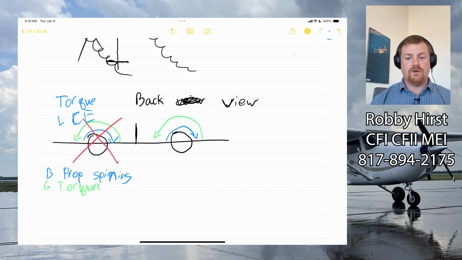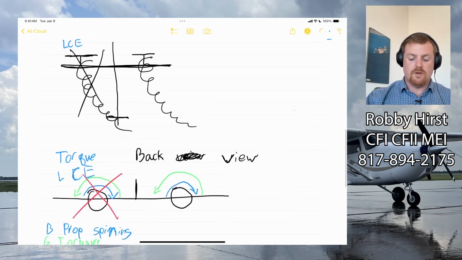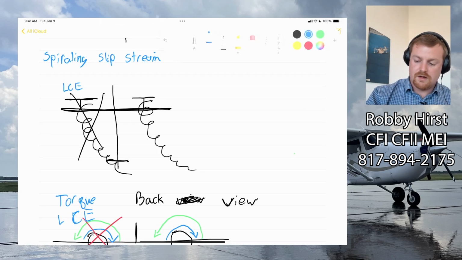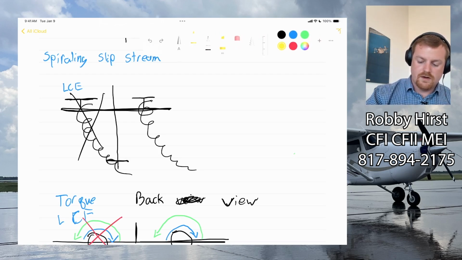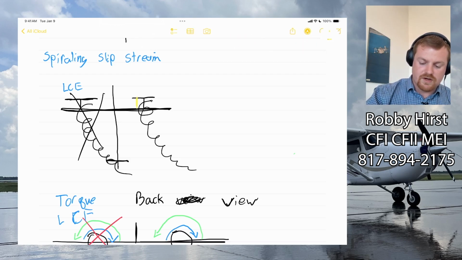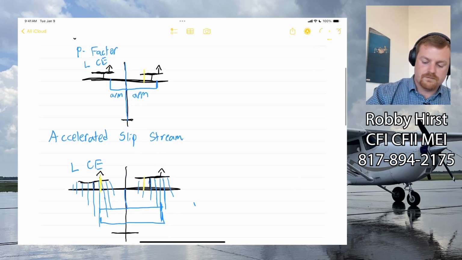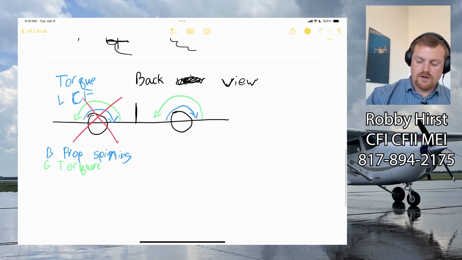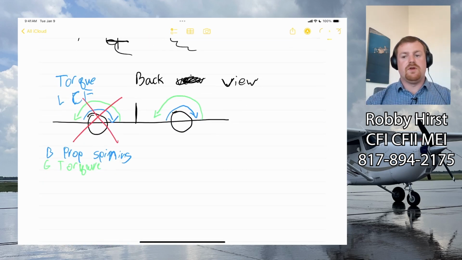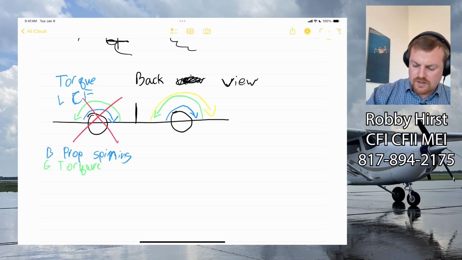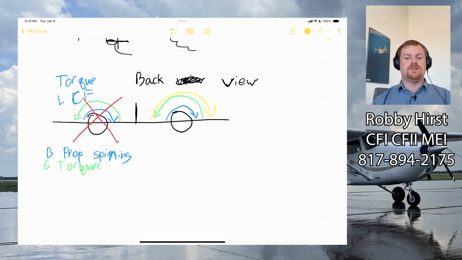Some have counter-rotating props, where the left engine's going to turn to the right, and the right engine's going to turn to the left, so that all of these forces are coming from the center of the aircraft. So if you had counter-rotating props, all of these forces would be coming from the center. And your torque would be the same. It would always torque into the operative engine.